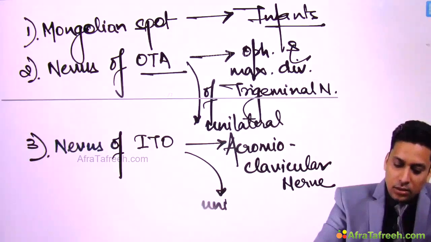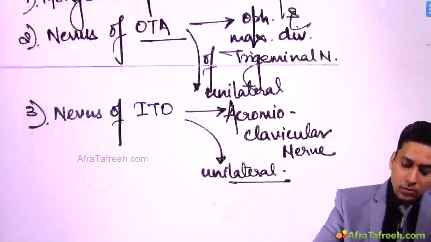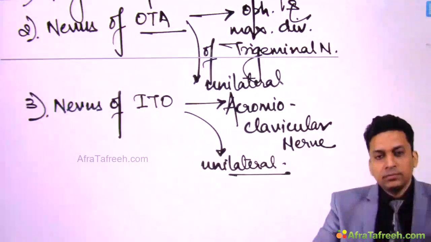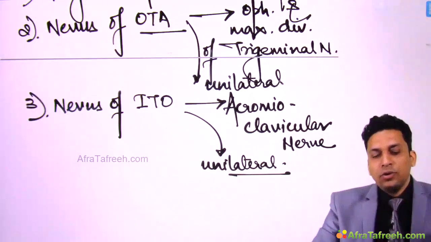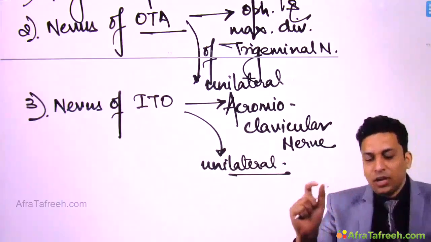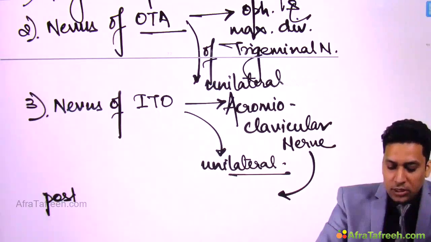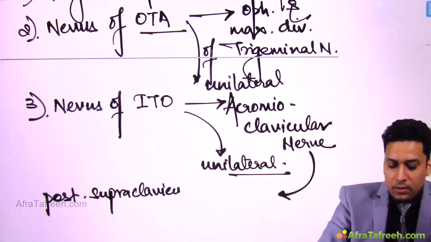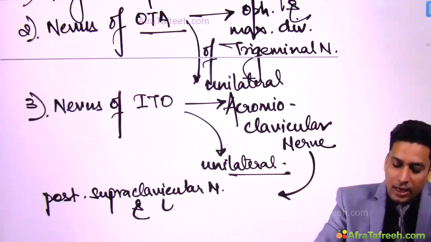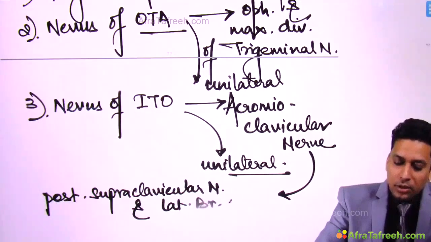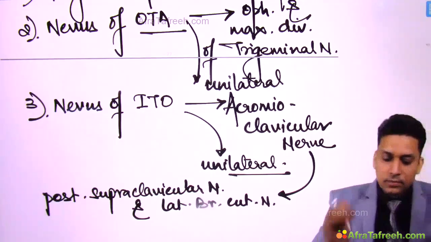Lesions are unilateral. Where you have written acromioclavicular nerve, you can write down in brackets mainly posterior supraclavicular nerve and lateral brachial cutaneous nerve.